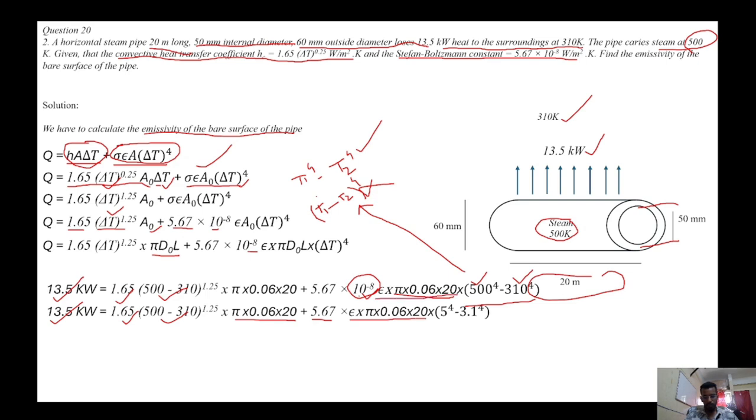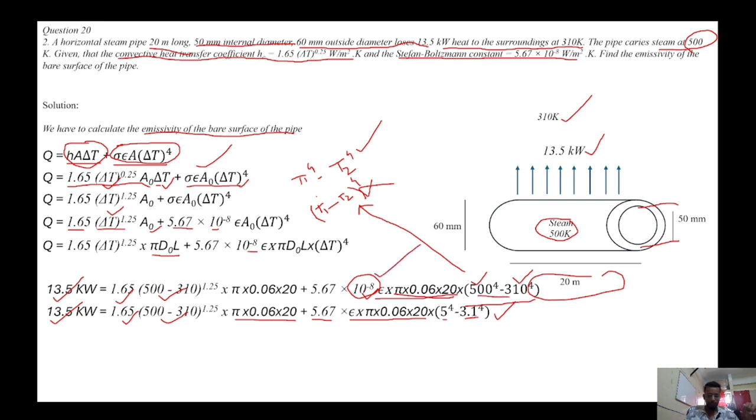But what I did is I just divided this 10 to the power minus 8 and put it inside this bracket, and so you will get 5 to the power 4 minus 3.1 to the power 4. That will make the calculation easier, or you can calculate it like this as well.